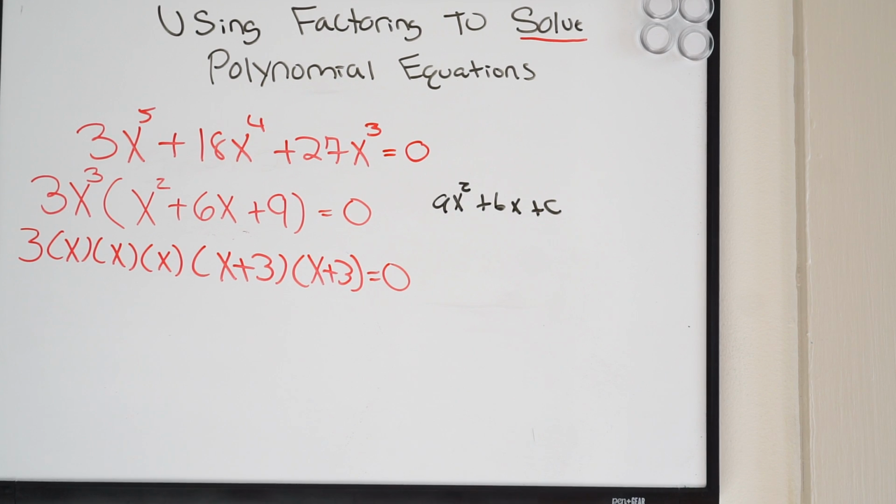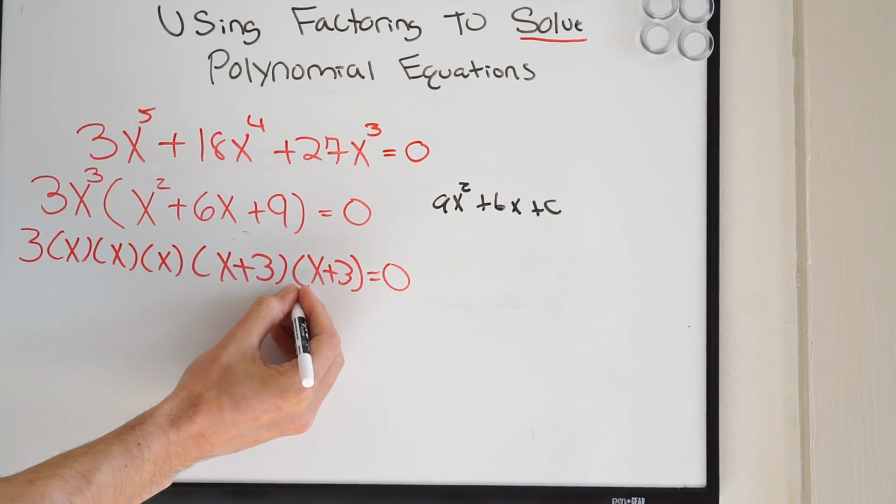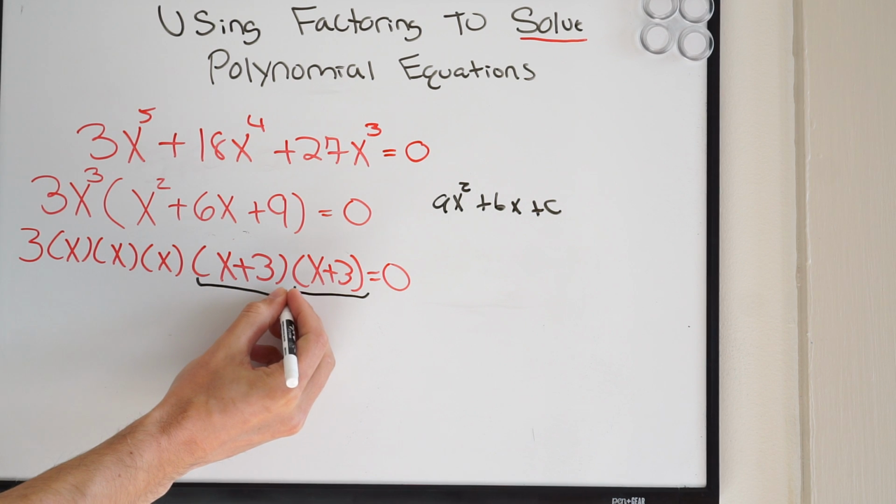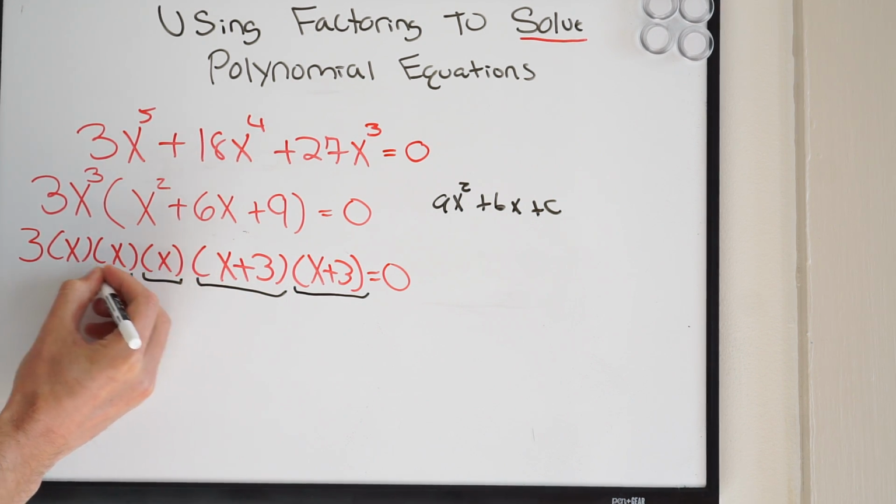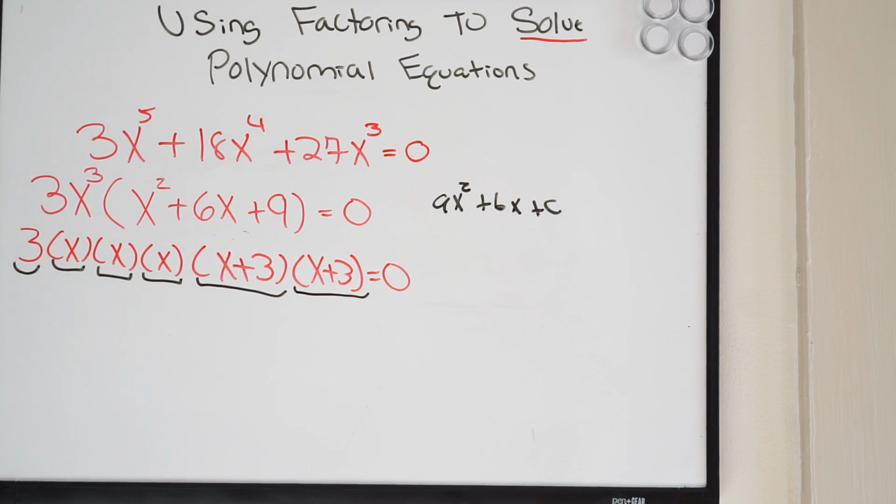We just have to solve now for x. So you simply take each of your factors and set them equal to 0. You're going to have multiple answers here. Again, this would be considered a factor, this would be a factor, this, and this. I'm going to go from left to right. If I start with 3 equal to 0, well, that doesn't tell me anything.